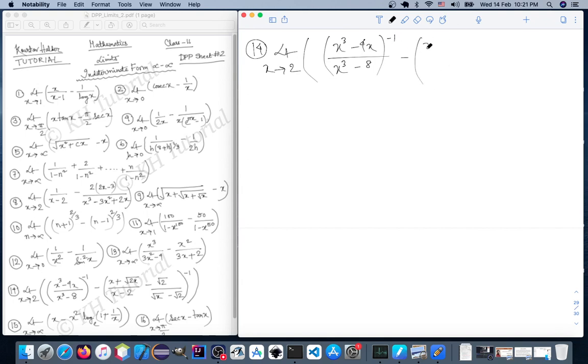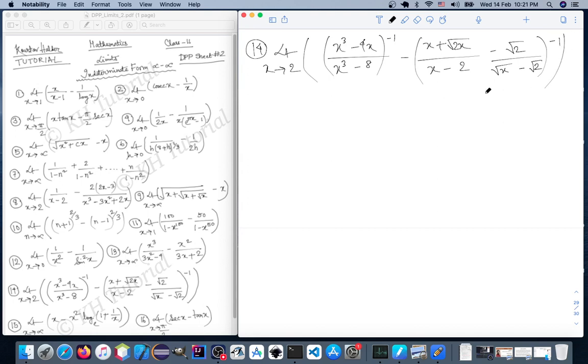Here we have (x plus root 2x) by (x minus 2), and we have this thing.